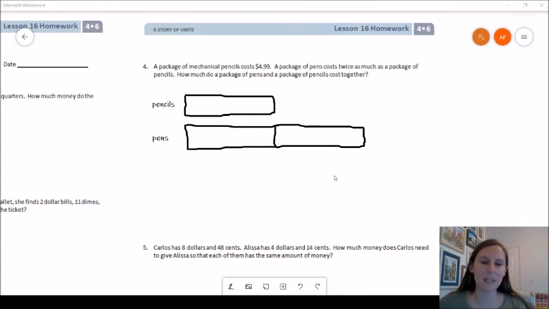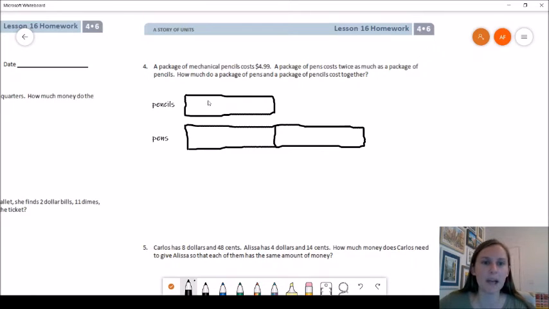So I read the problem here, and now I'm going to draw my tape diagram. All right, I've drawn my tape diagram here. It's not perfect, but it is going to model our problem for us. So it already tells us that the pencils cost $4.99, which is 4.99 of a dollar. And then the pens, it does not tell us how much the pens cost, but it does tell us that it costs twice as much as a package of pencils.